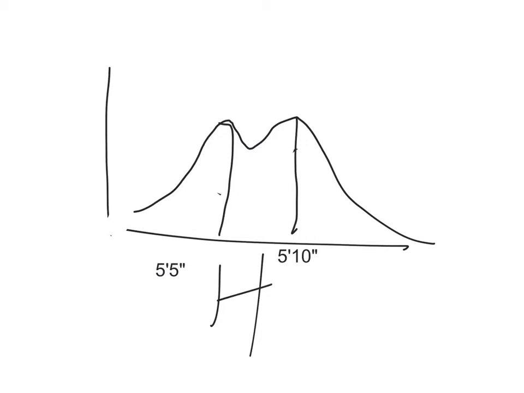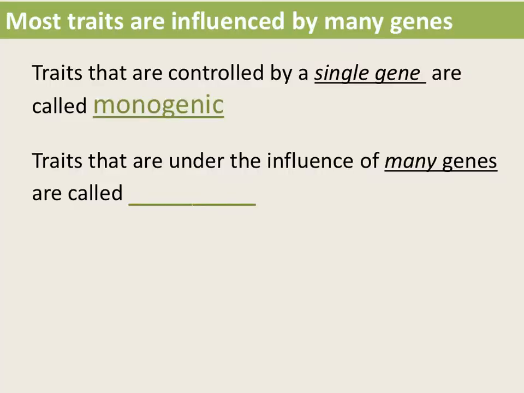Most of our genes, many of our genes, and the traits that correspond with them are like that. Okay. So this is called polygenic again.